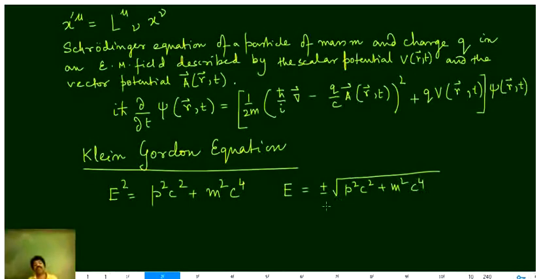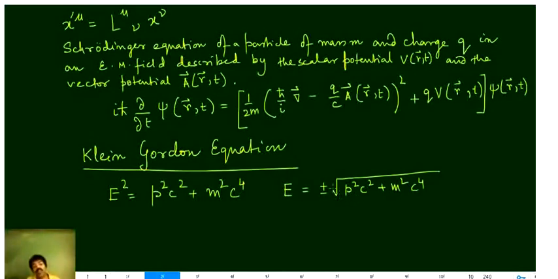Now as far as this positive energy is concerned, we don't have a problem. People are used to positive energies, but as far as this negative energy is concerned, it makes the system unstable, because if P increases, energy decreases, so the particle will radiate energy and the system becomes unstable.